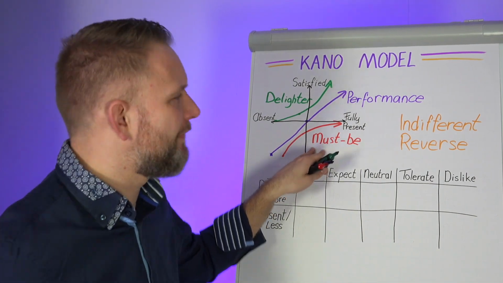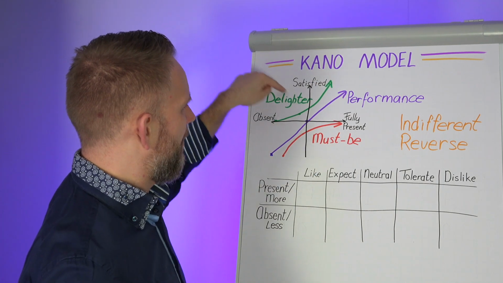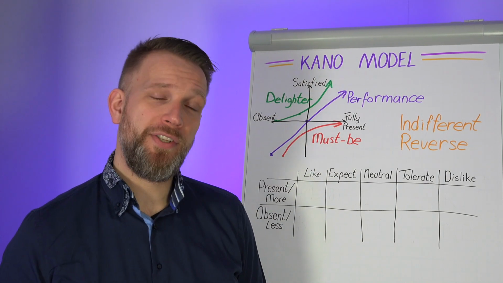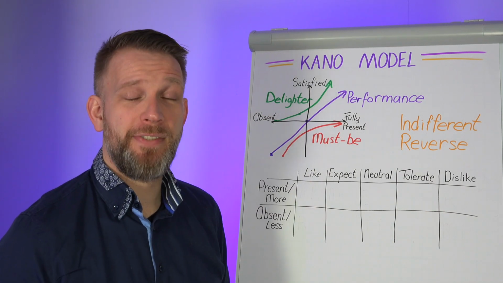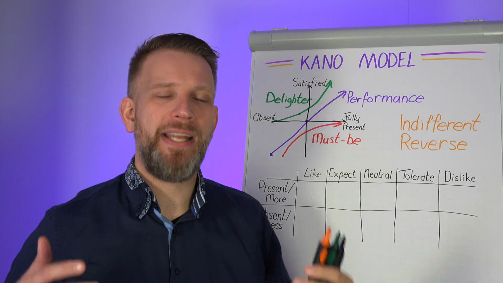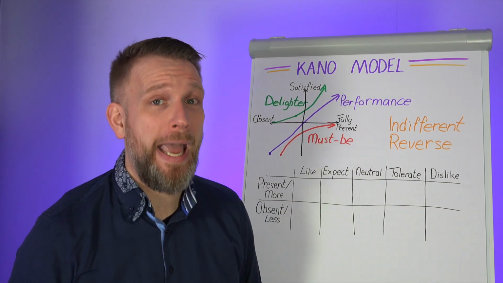But, reverse is a bit of a funny one, because reverse is basically the performance the other way. Right? So if it is not present, we're very happy, satisfied. If it is really present, we are dissatisfied. So these are things that ruin the experience. And yes, that also happens.